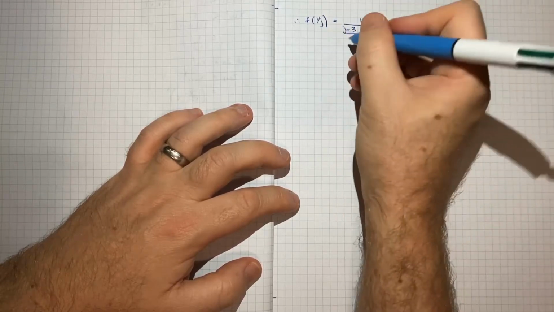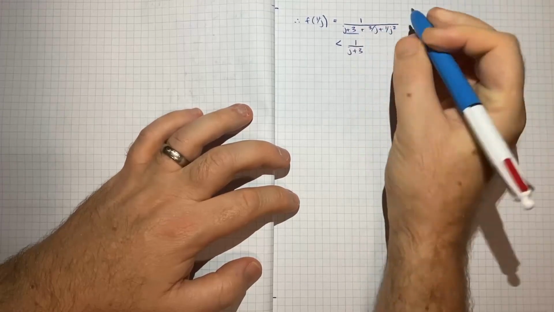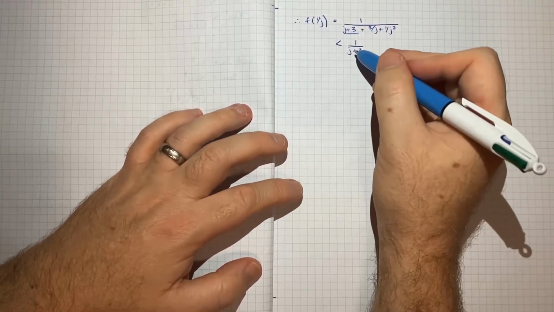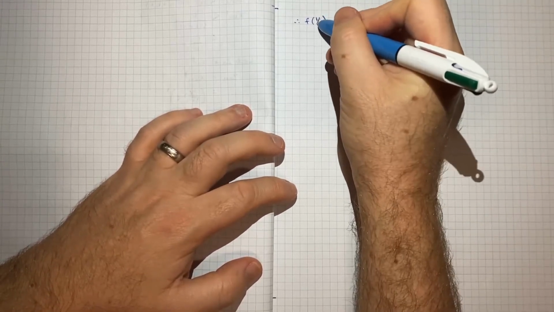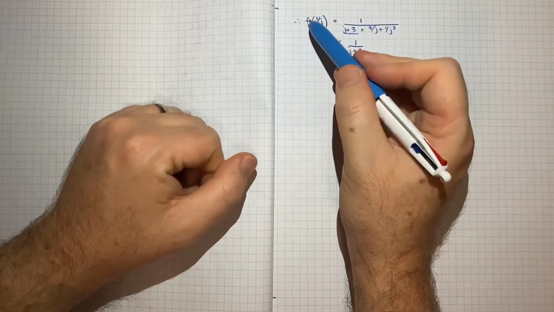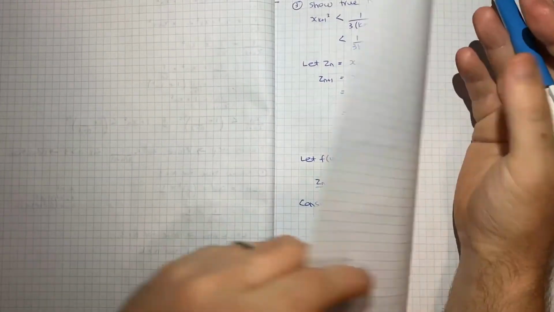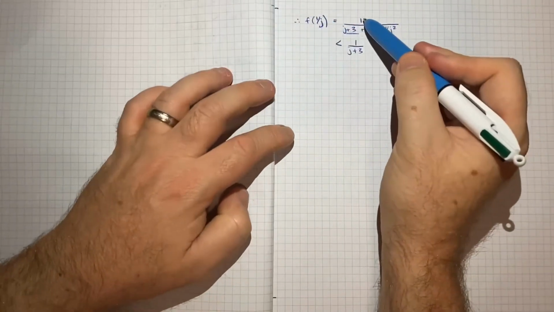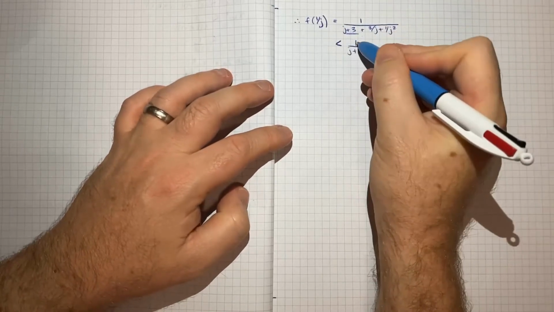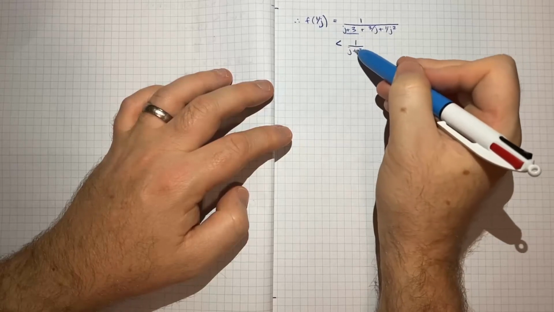So therefore f of 1 on j must be less than 1 on j plus 3 by itself. So that's going to come in handy for our induction. So when we have f, the function of u that we just defined here, when we have 1 over something in the function, we know that the result will be less than 1 over j plus 3.